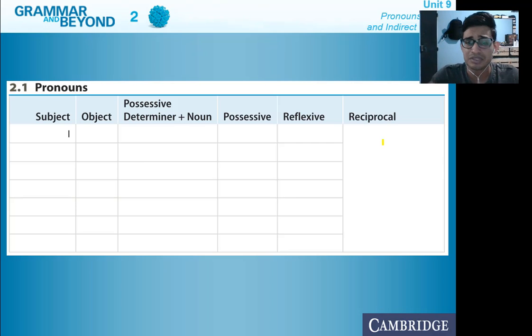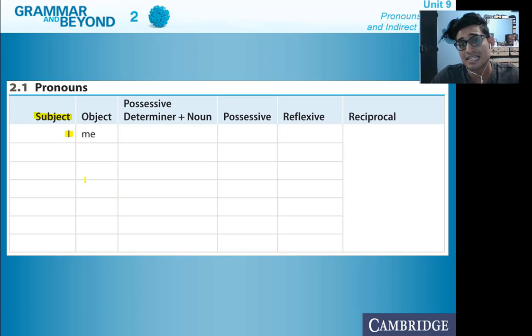We have different types of pronouns, okay, according to the function they develop within the sentence. We have subject pronouns. For example, we have I. Then for I, we have the object pronoun me.